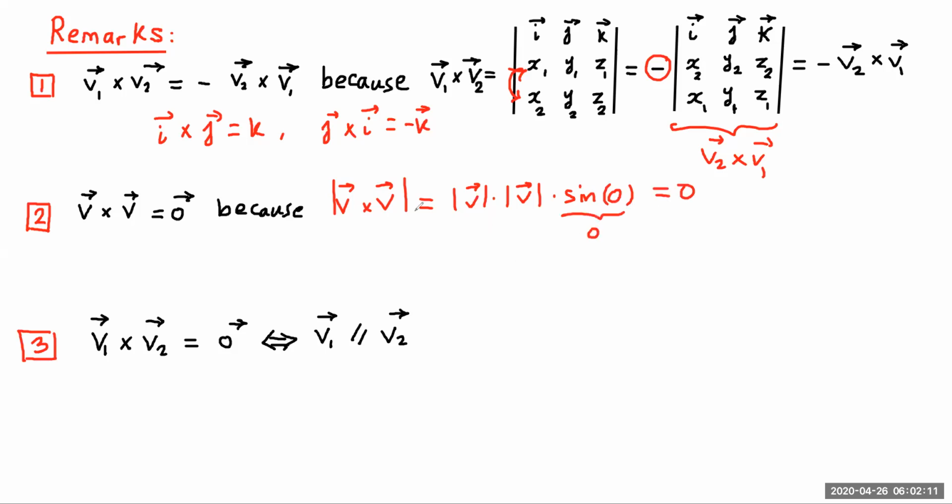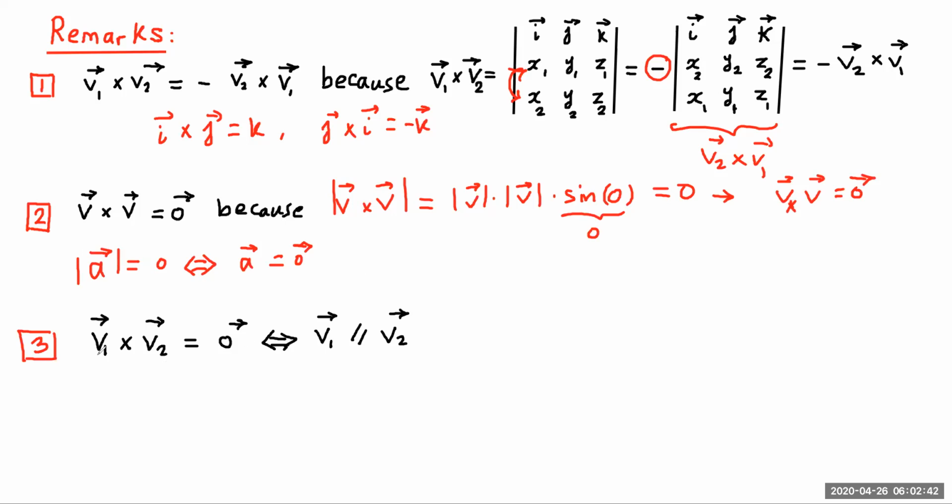So the answer is 0. 0 is the length of the vector V cross V. You know that for any vector, if the length of the vector is 0, this is equivalent to the vector being 0. So this gives me that V cross V equals the vector 0.